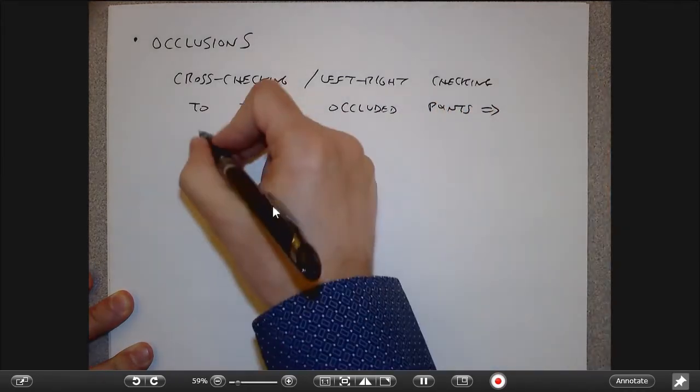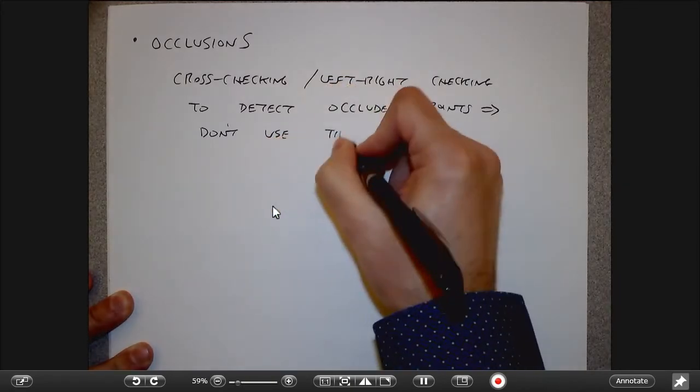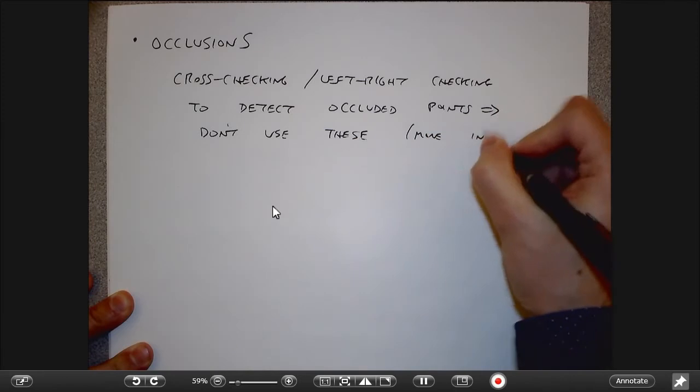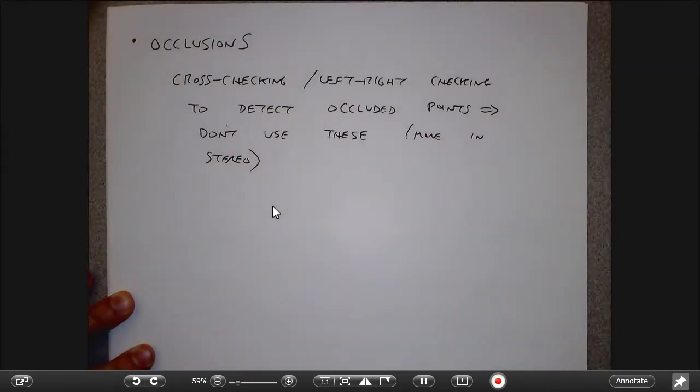The most I'm going to say about that for the moment is just not to use those points. We're going to say more in stereo about how that works. But basically, there's not that much you can do when you've got occlusions. There just isn't a point that you could assign that you would be able to reliably estimate.